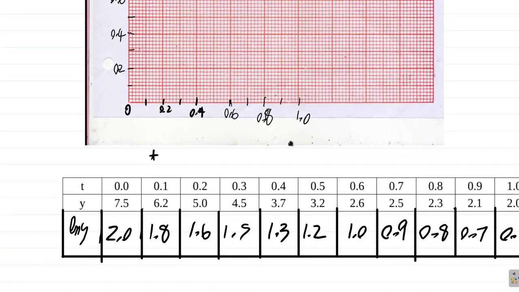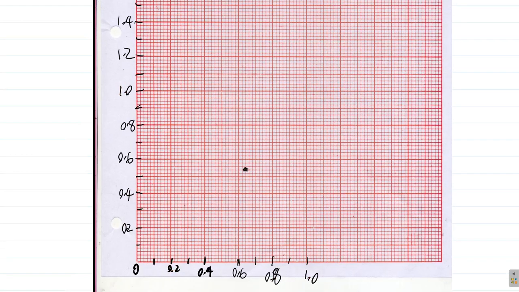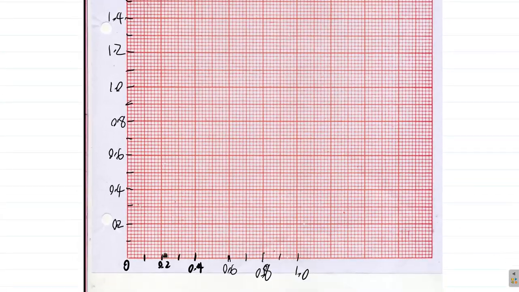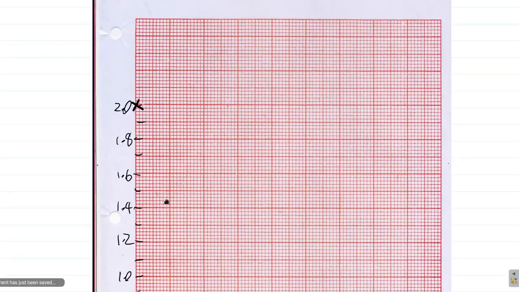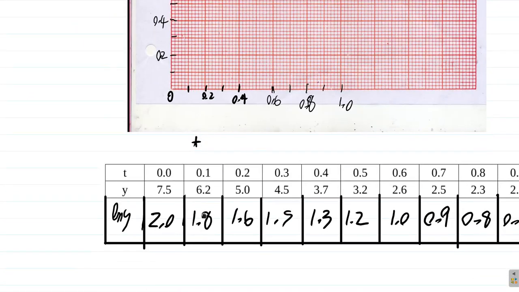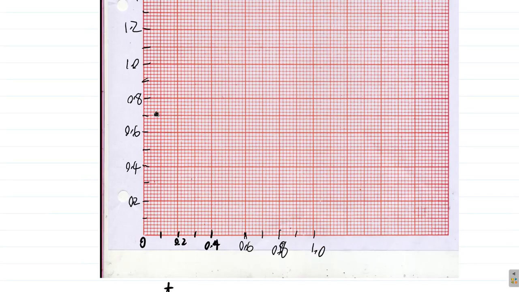So we see what happened here. I'm going up to 2. Then we have t of 0.1, ln y of 1.8.